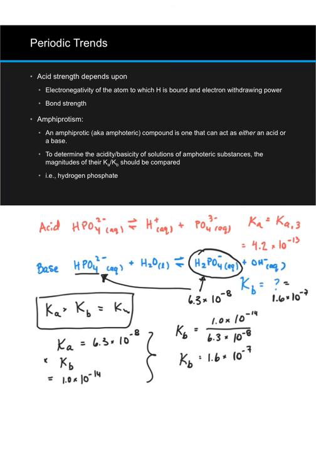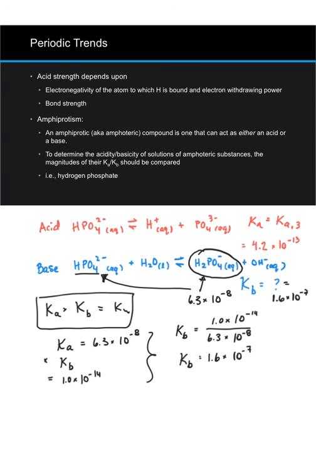So, how does hydrogen phosphate act when it's in solution? Does it act more like an acid or more like a base? Well, considering that in order to act like an acid, hydrogen phosphate has a Ka of 4.2 times 10 to the minus 13, and in order to act like a base, the same substance has a Kb of 1.6 times 10 to the minus 7.